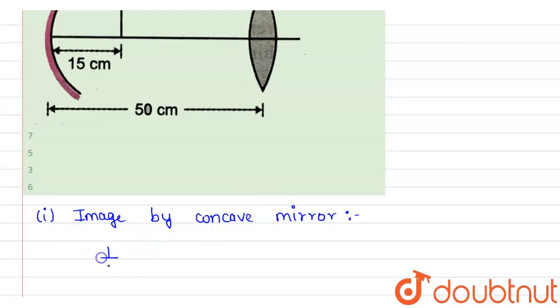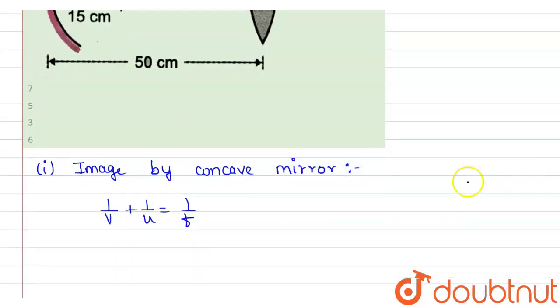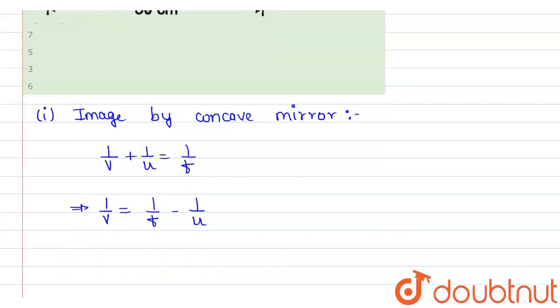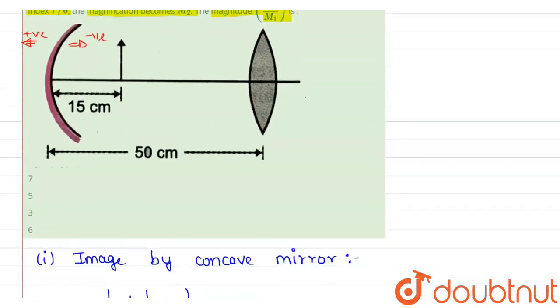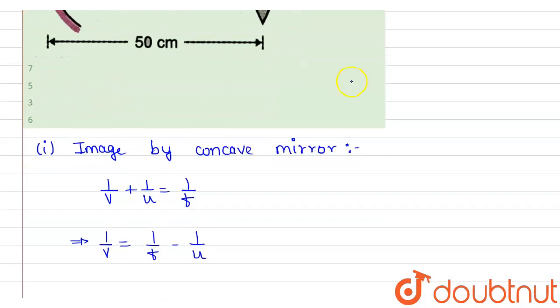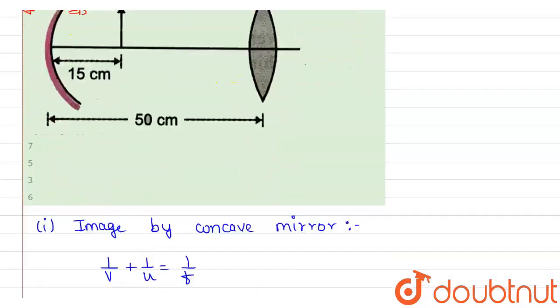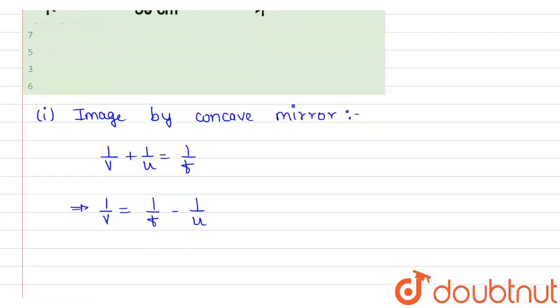So we know the formula: 1 by v plus 1 by u is equal to 1 by f, where f represents the focal length of the mirror. So 1 by v is 1 by f minus 1 by u. Now we put the values with conventions. Our focal length will be on the negative side, and it is given as 10.